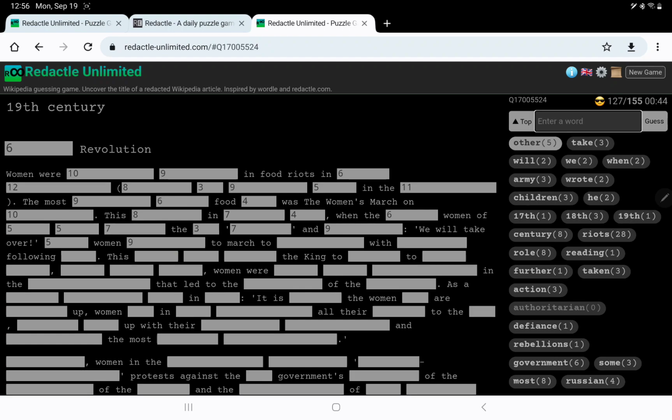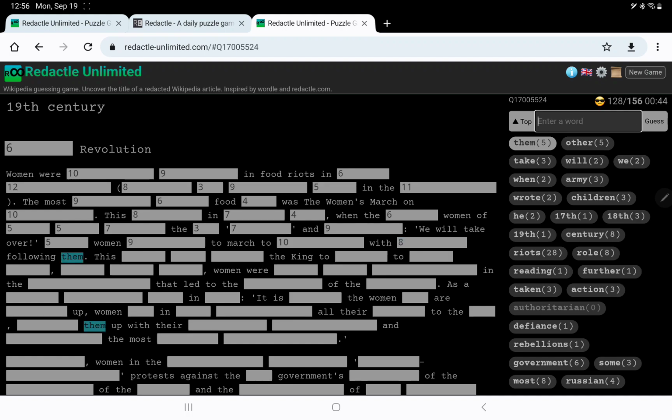No, something women 9 to march to 10, with 8 following them. This 5-4-6, the king, to 6 to 5-5. Women were 5-5-12 in the 14 that led to the 9 of the 8.